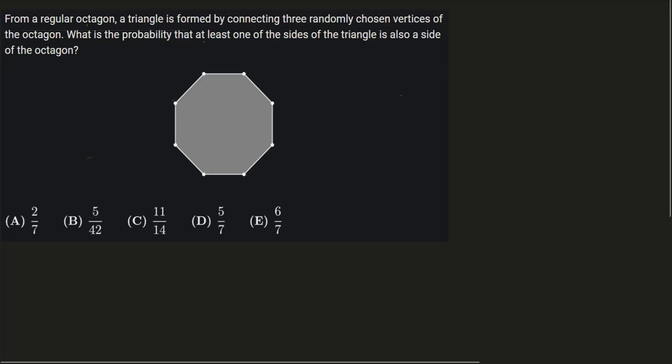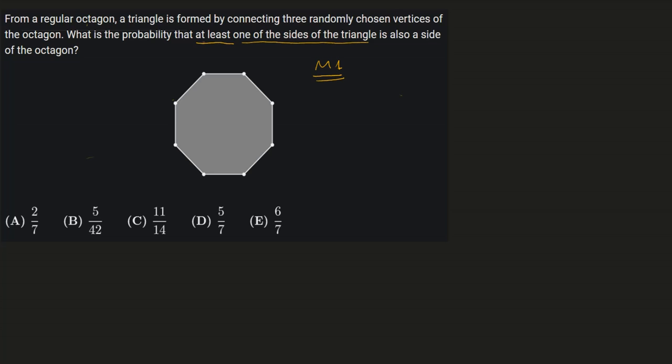In the first method, since we are going to count such triangles directly, let's analyze the conditions. The condition says at least one of the sides of the triangle is also a side of the octagon, which means these two shapes have at least one common side.